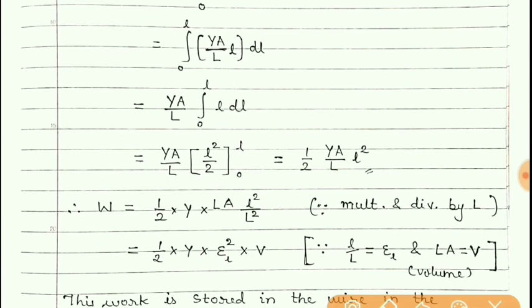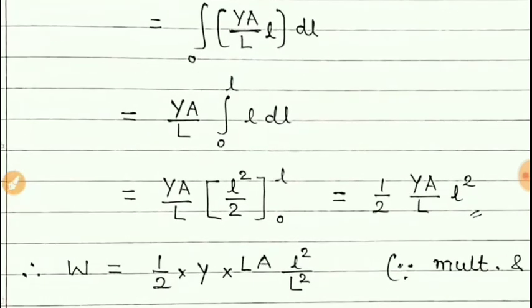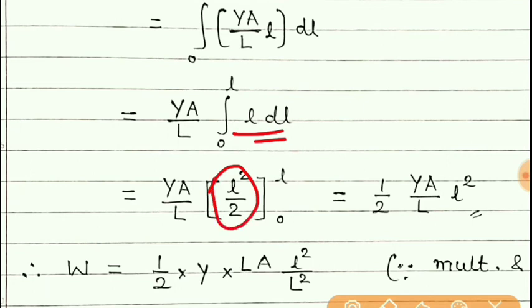Now the integration of L dL is L square by 2. These are the limits. So initially in place of L we'll put L, minus in place of L we'll put 0. That is upper limit minus lower limit.